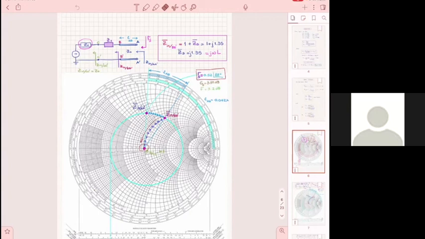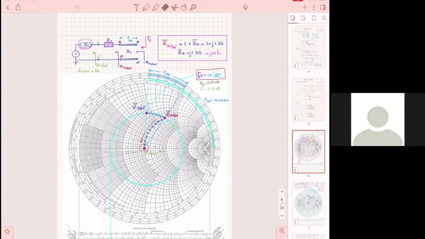And then I move away and I add the stub. So in this case, I did the opposite, all right? I moved away and I put the stub and I went to Z input BB prime. And then from there, I moved towards the source, towards the generator. And then I went to Z input AA prime.